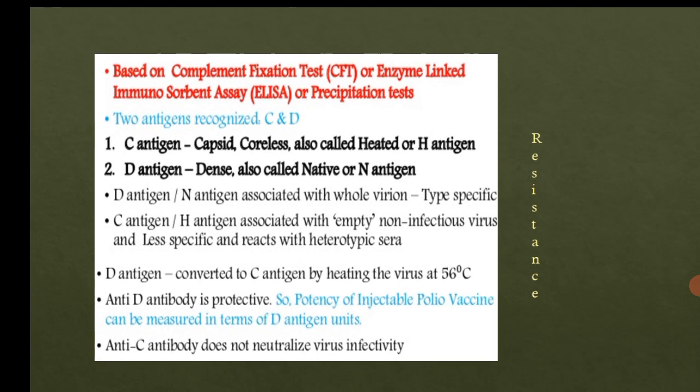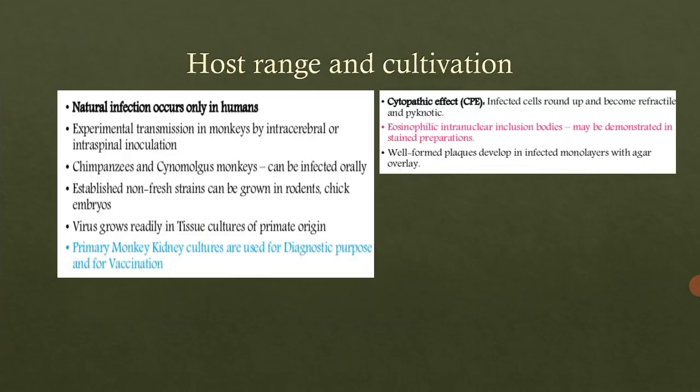Now we will see the host range of the polio virus and the cultivation of this virus, by which way we can cultivate this virus. First we will study the host range. The natural infection occurs only in humans.